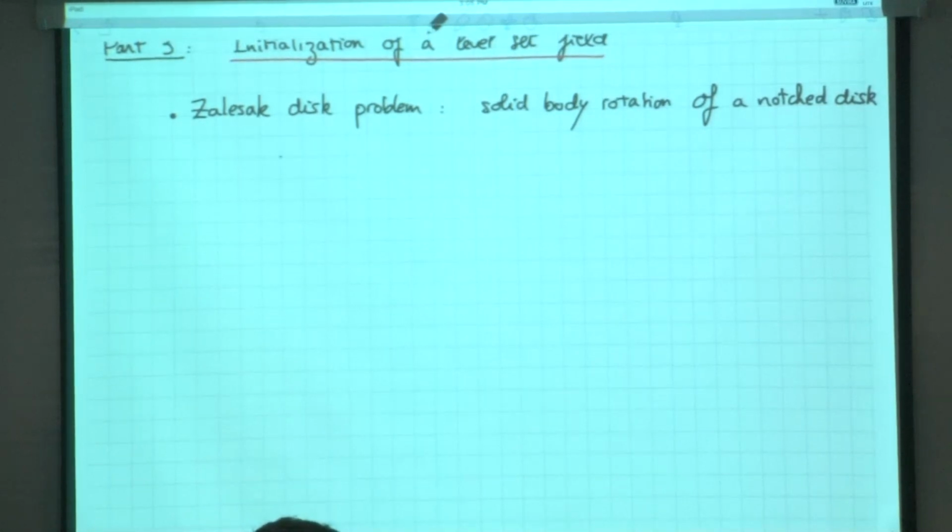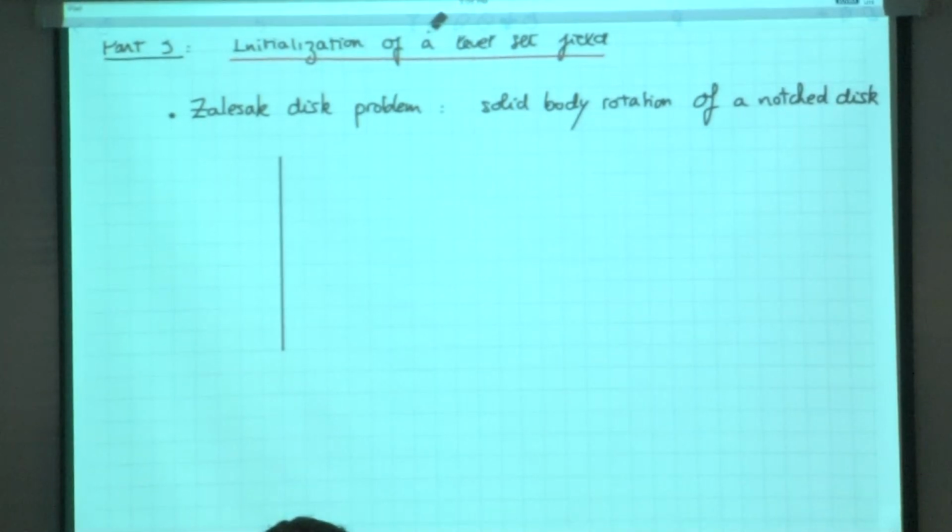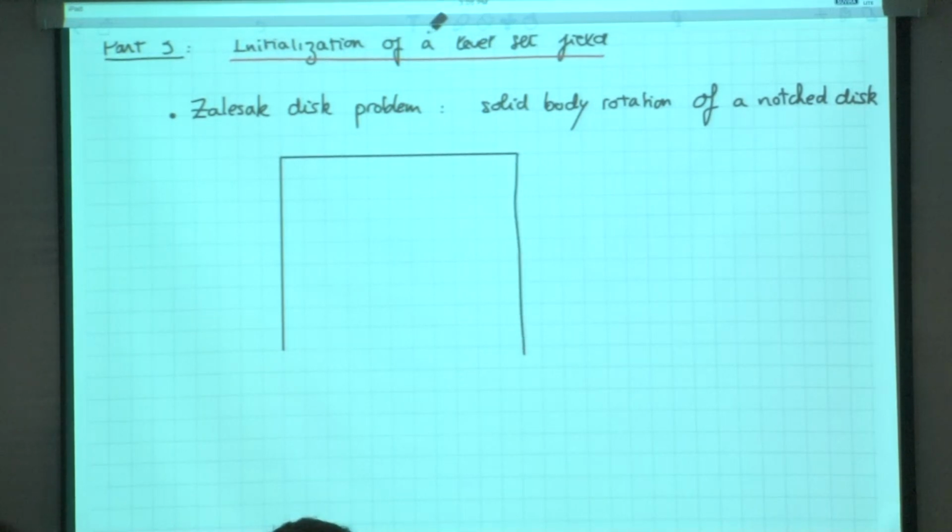So this is how this is going to look. We're going to give ourselves a square domain.